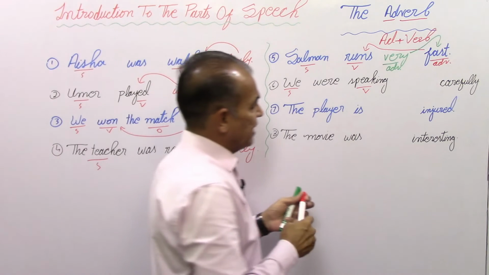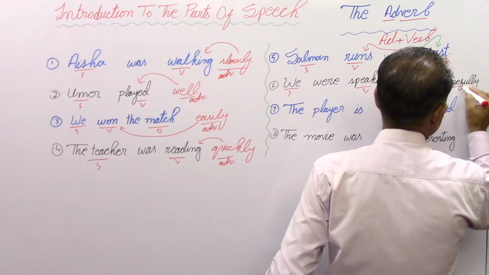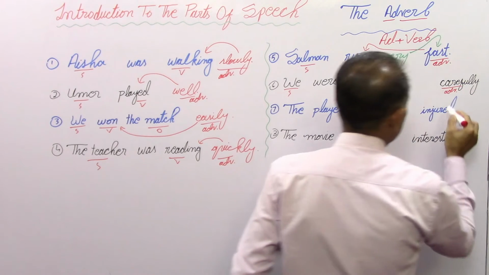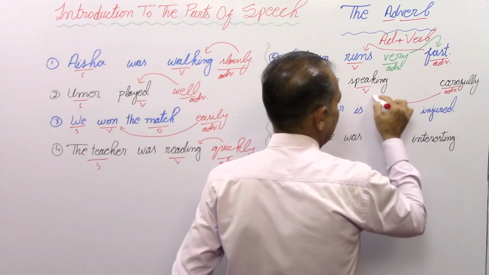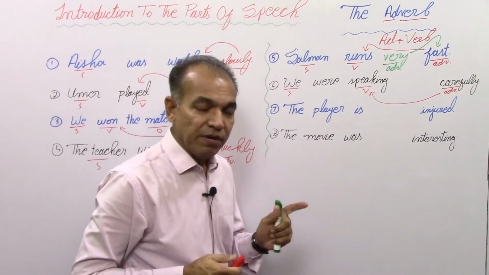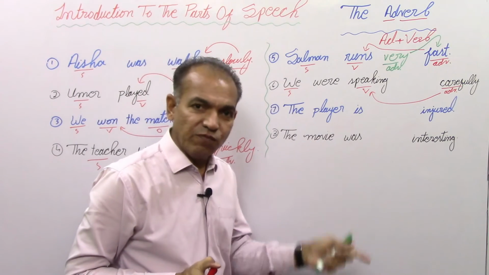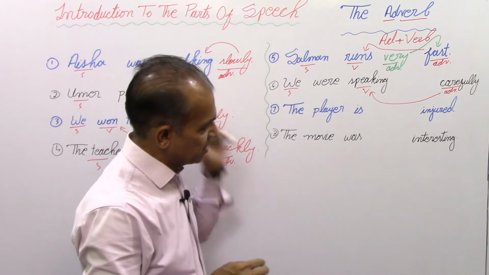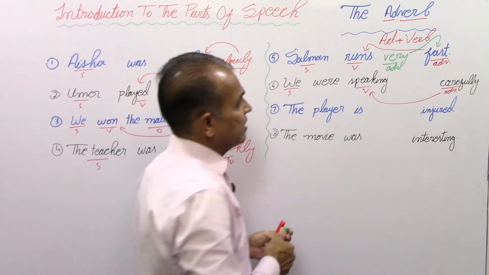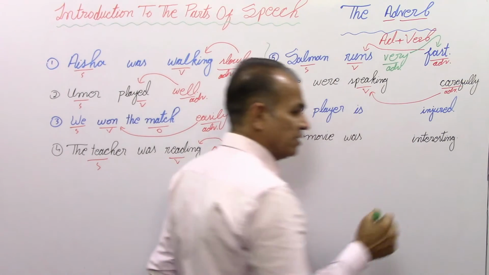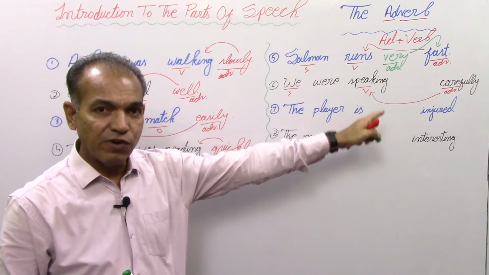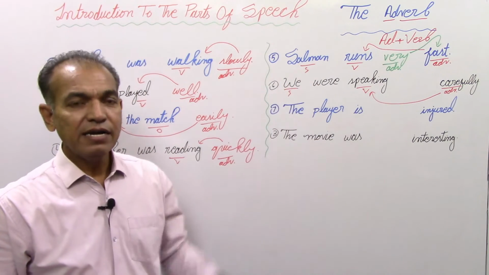So it means that this word carefully is an adverb. Why? Because this is modifying speak, and speak is a verb. So any word that modifies a verb is called adverb. We were speaking carefully, but if we use another word and that word modifies carefully, which is an adverb, so that word will also be called adverb.